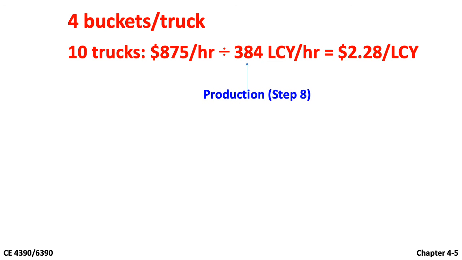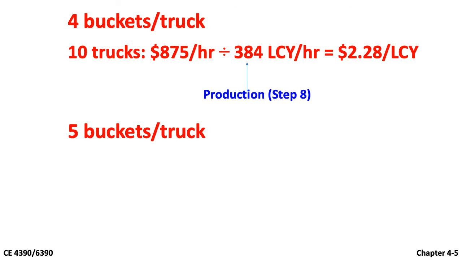For option 1, 4 buckets and 10 trucks, the unit cost is equal to the total hourly cost, $875 per hour, divided by the production of 384 loose cubic yards per hour, which we found in step 8, so the unit cost is $2.28 per loose cubic yard.